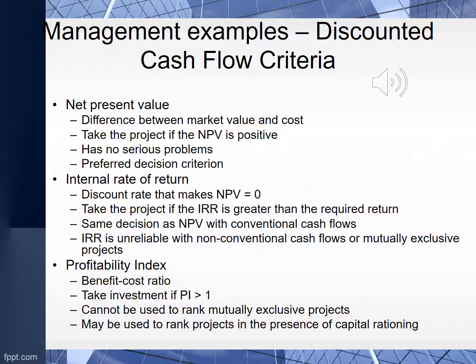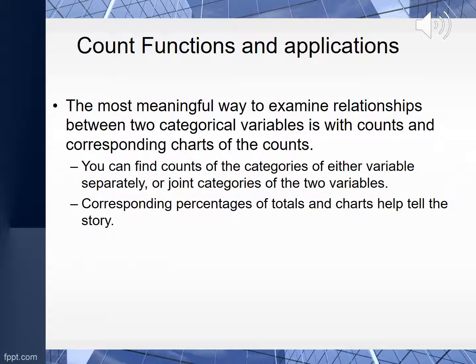IRR is unreliable with non-conventional cash flows or mutually exclusive projects. And also the profitability index, which is the benefit to cost ratio. You would take the investment if the profitability index is greater than 1, and it cannot be used to rank mutually exclusive projects. This tool may be used to rank projects in the presence of capital rationing.